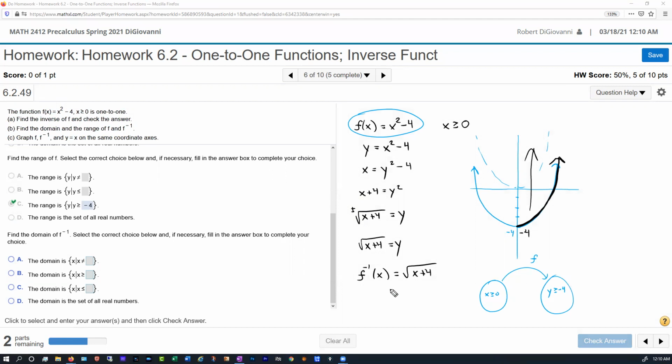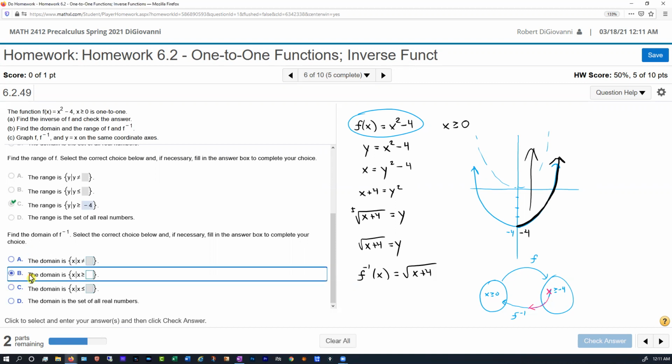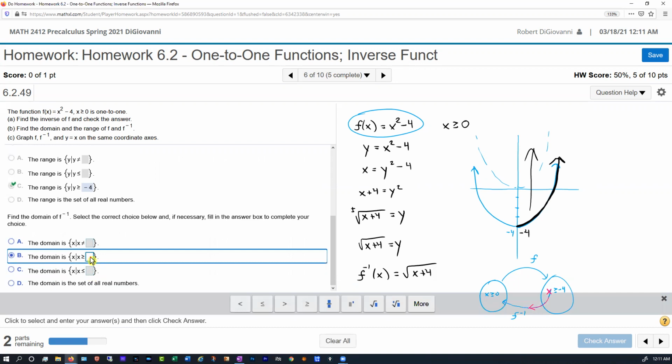So now it's asking, what's the domain of f inverse? Well, remember, if f inverse goes backwards, then the domain is this stuff that's getting plugged in. We'll switch it to x's because when you plug these in, these will become the x's that go into here. So the domain for the inverse is all x values greater than or equal to negative 4.